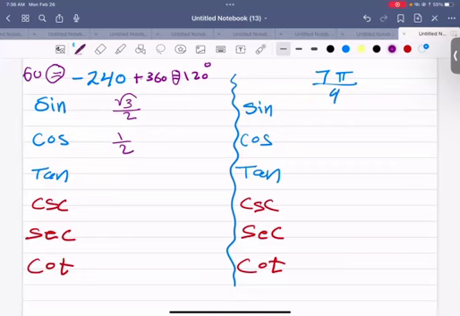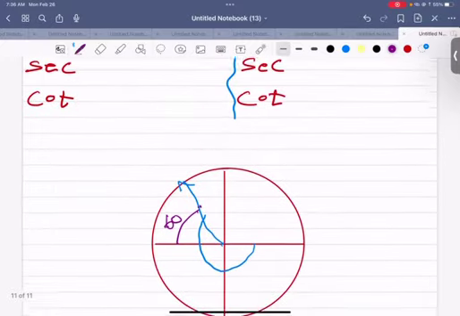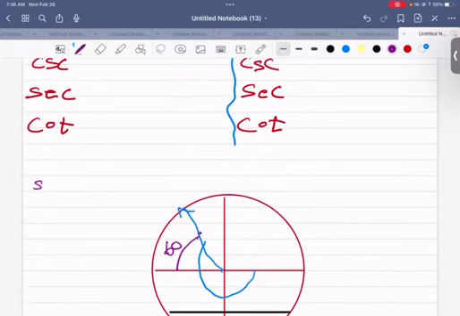Now, what do you know about tangent? There are two ways to talk about tangent: either sine over cosine, or you draw the right triangle. But I like to do sine over cosine. Sine divided by cosine.